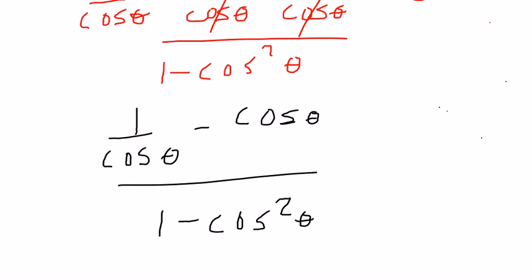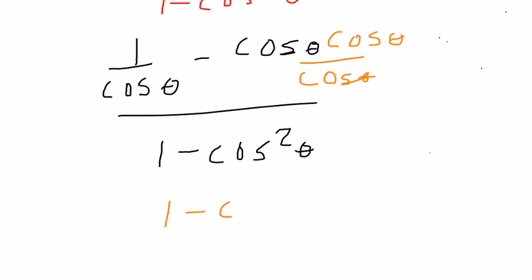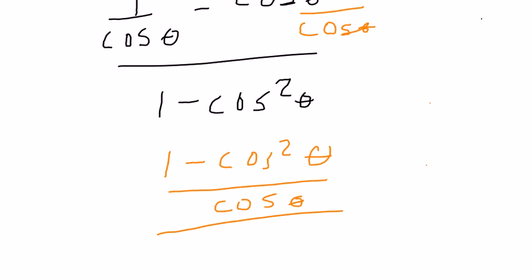Okay, I'm going to get a common denominator on top. Cosine over cosine. So on top I have 1 minus cosine squared theta all over cosine. On the bottom I have 1 minus cosine squared theta, and really it's over 1.